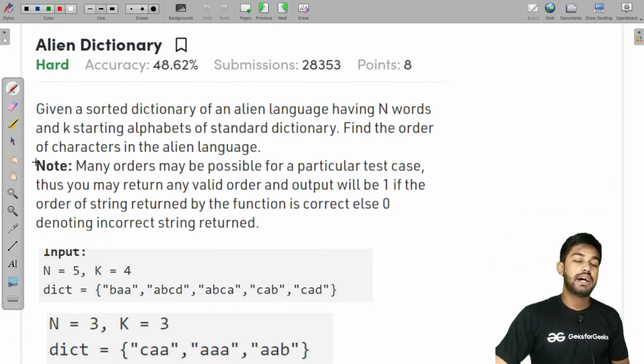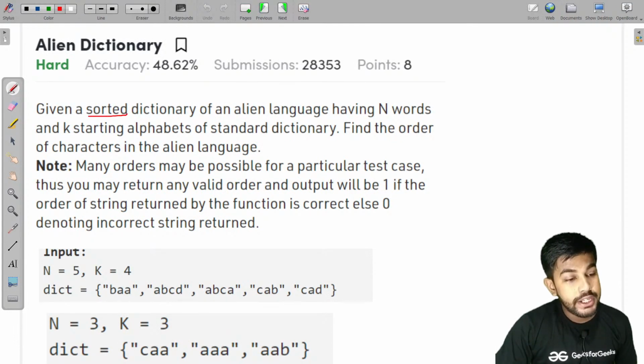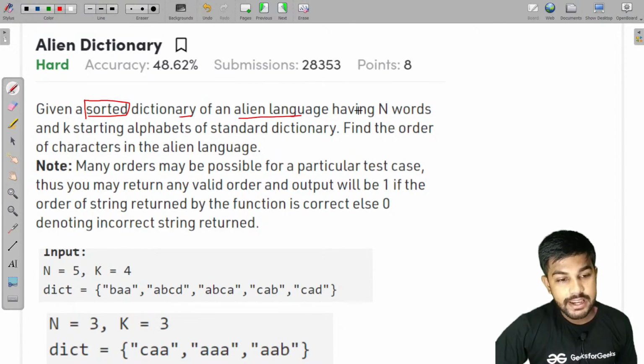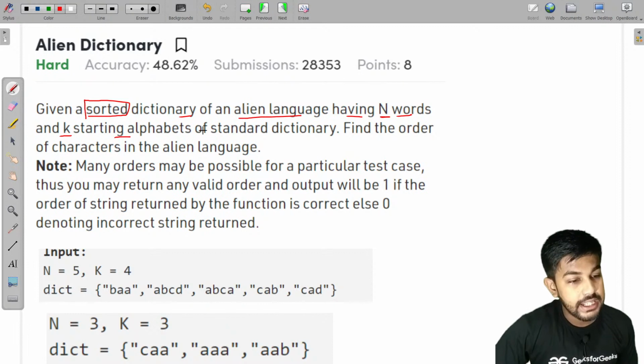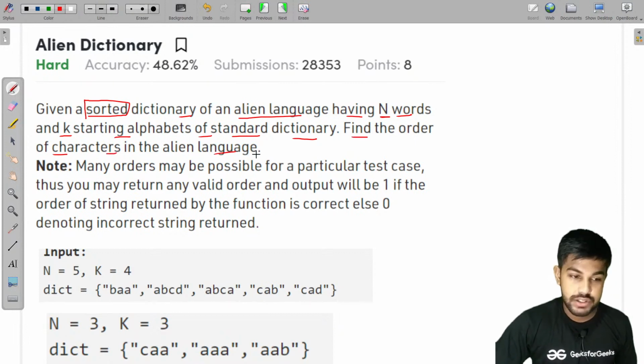So let us start with the question. We are given a sorted dictionary of an alien language having n words and k starting alphabets of the standard dictionary. Find the order of characters in the alien language.